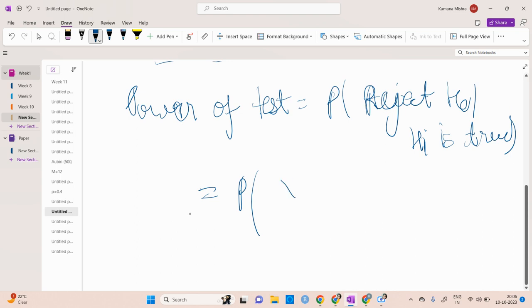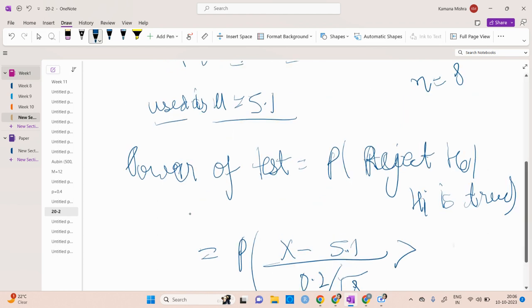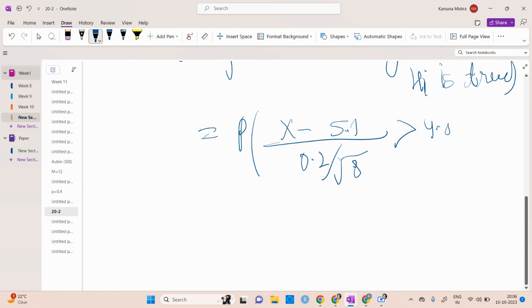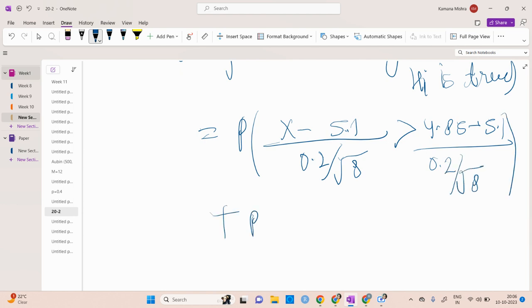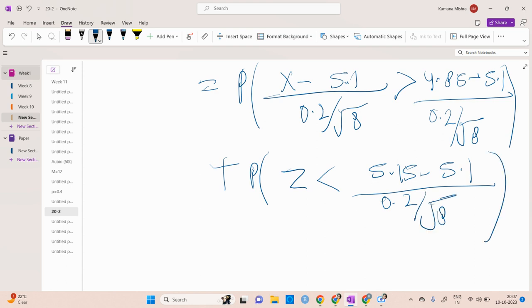So we standardize: x minus mu divided by sigma divided by root n, and then z greater than 4.85 minus 5.1 divided by 0.2 root 8, plus, writing it as z directly, 5.15 minus 5.1, divided by 0.2 and then further divided by root 8, right?